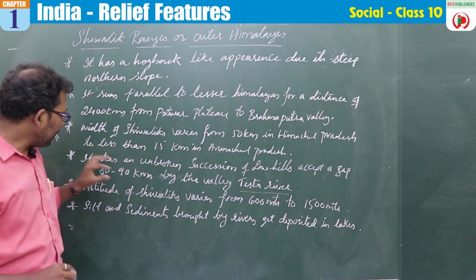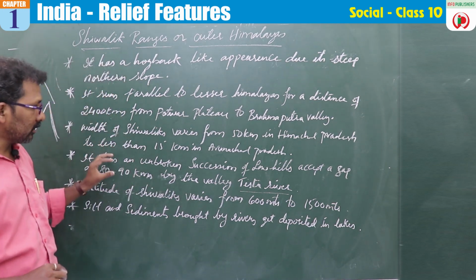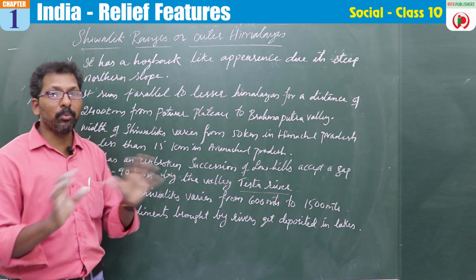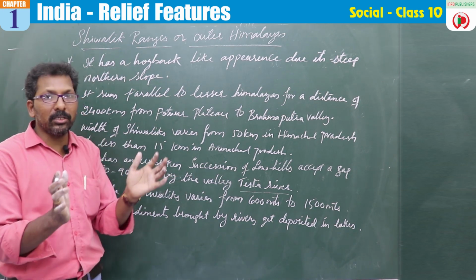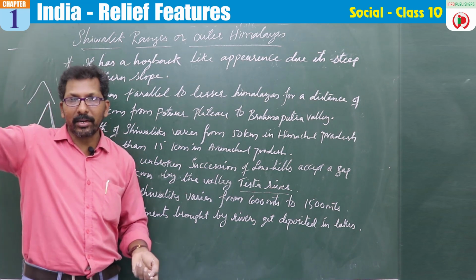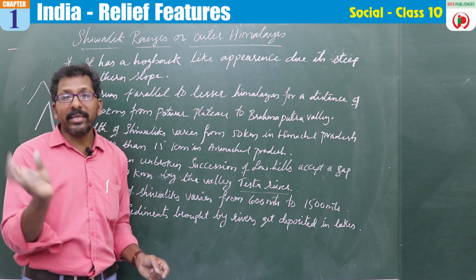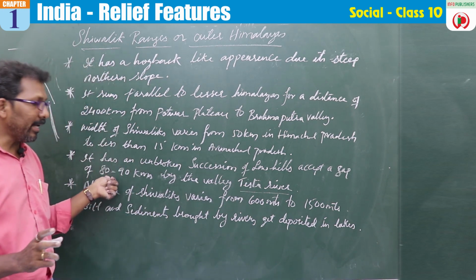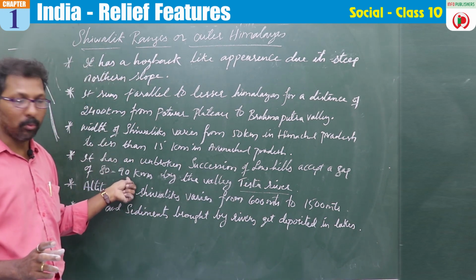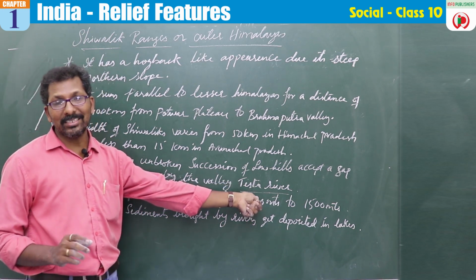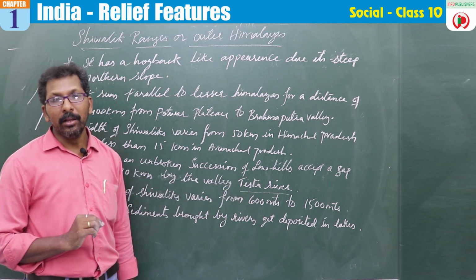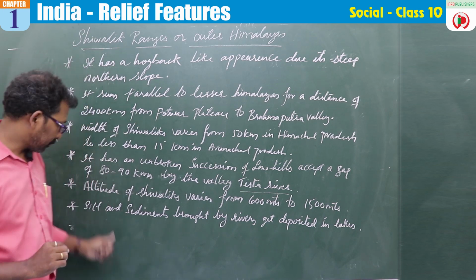So this particular Shivaliks has an unbroken succession of low hills. There are so many hills, continuous, without a gap, except the 80 to 90 kilometers where the Teesta Valley is present.